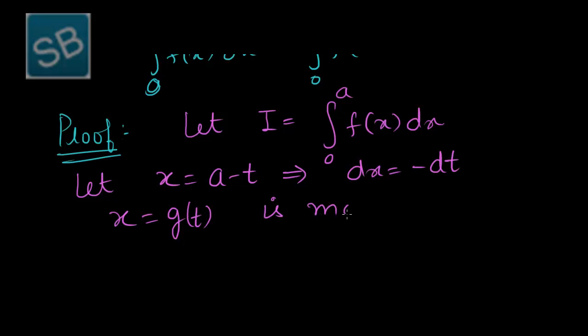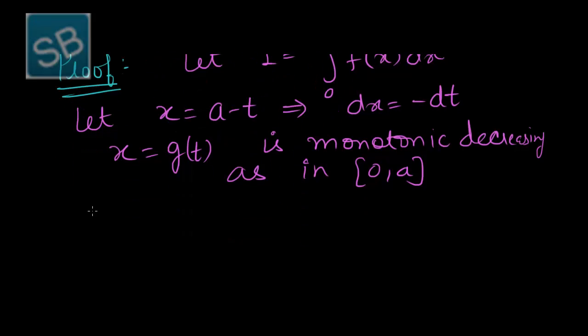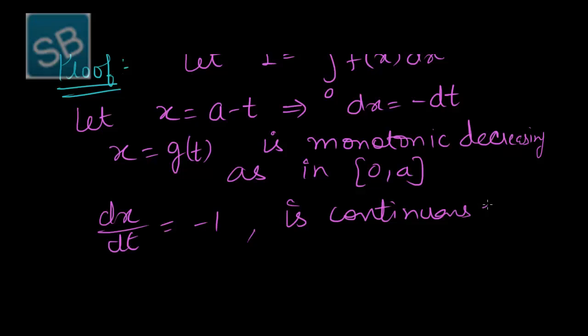So is it monotonic decreasing? As t varies from 0 to a, it is clear from this a minus something that as the value of t increases, the value of x decreases. And also dx over dt is equal to minus 1, that is a constant function. A constant function is always continuous. So it is a continuous function in the open interval 0 to a.